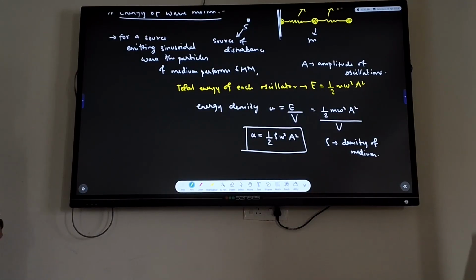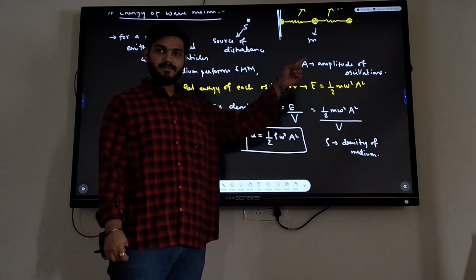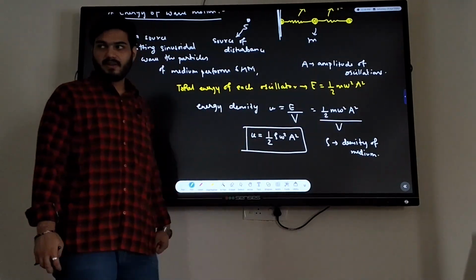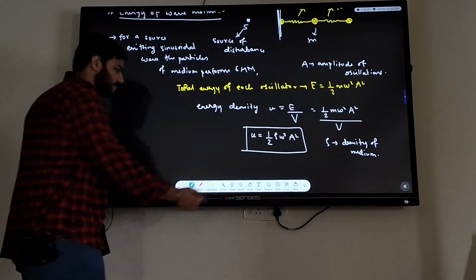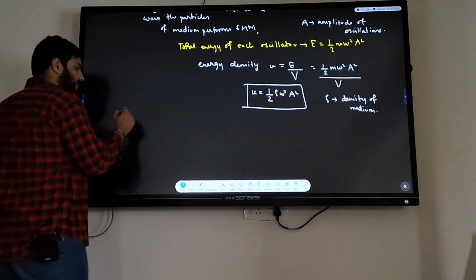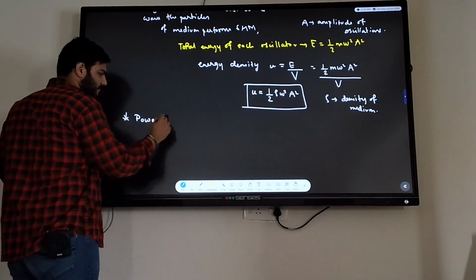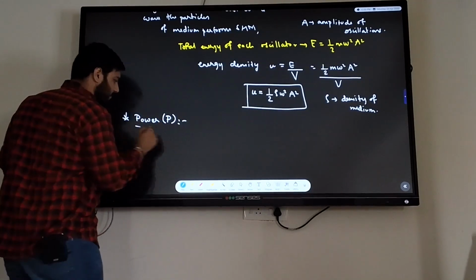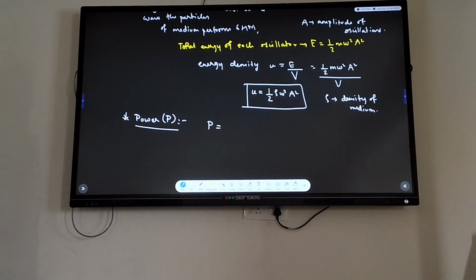Now, this is the energy of wave motion. I talked about the energy of each oscillator. Please remember. And then, what will be the power delivered by each oscillator? What was the formula of power? Energy transferred in 1 second.